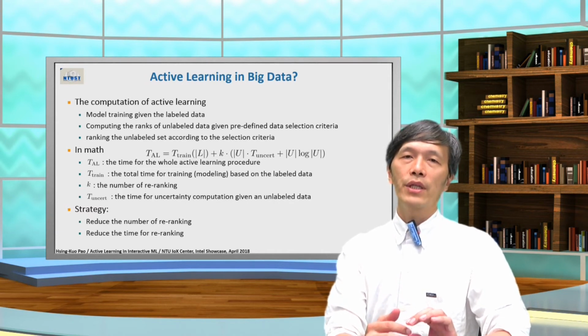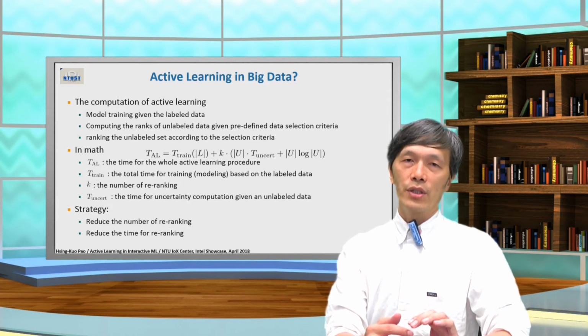Re-ranking means that each time we collect more unlabeled data, we need to rank the unlabeled data according to some predefined measure, so that we think one data point could be more informative than others, and we have to know its label information.